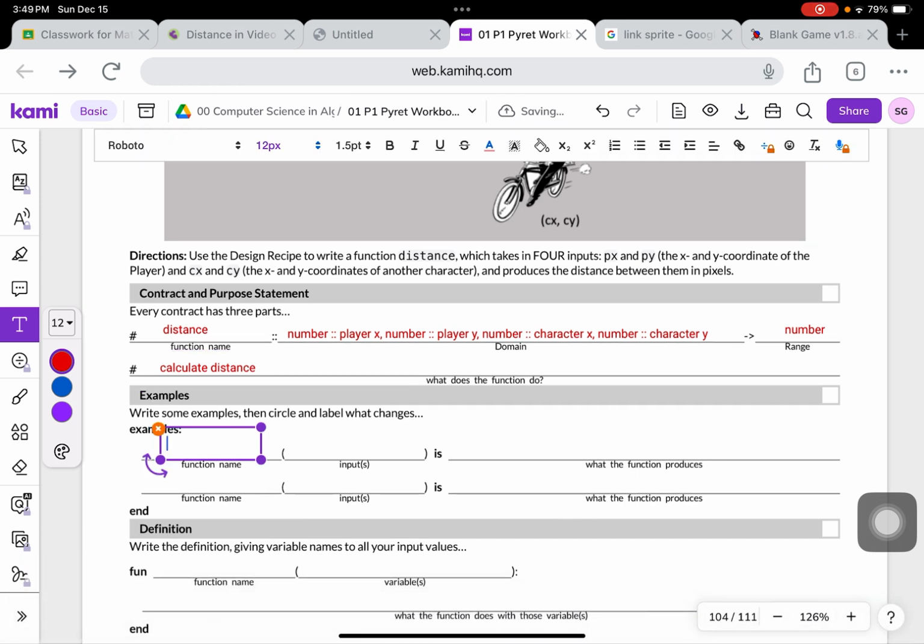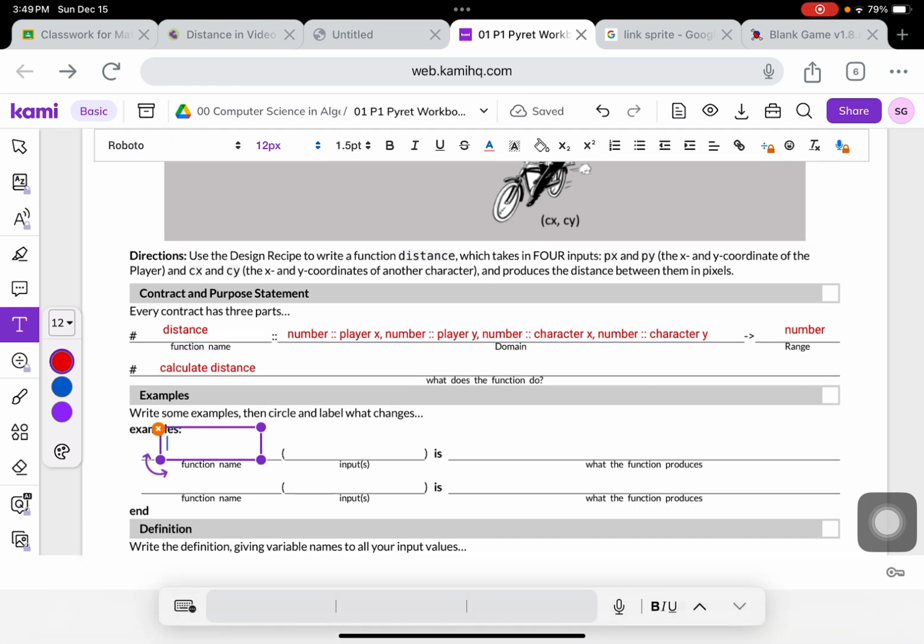Okay, so say we have distance, and our player x is 100. Our player y is 100.